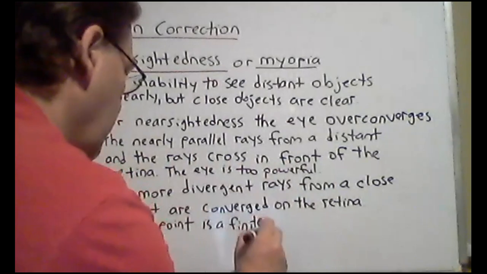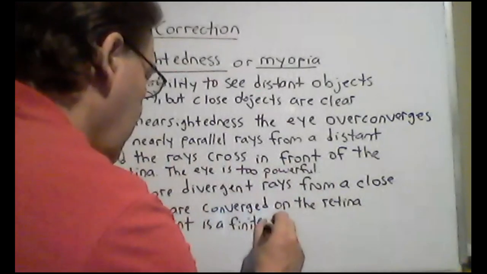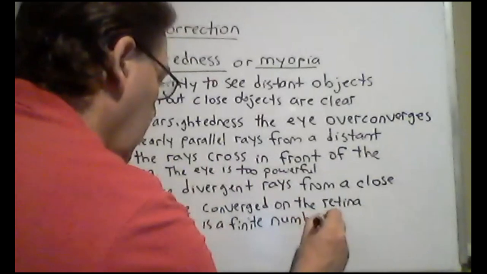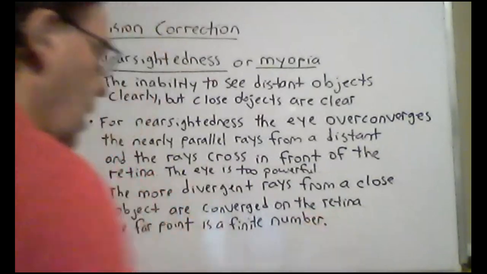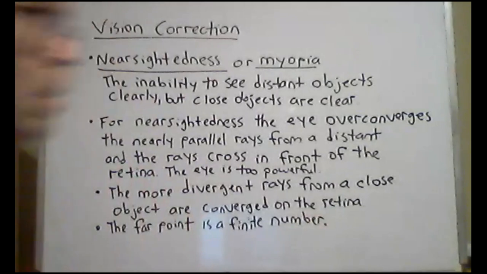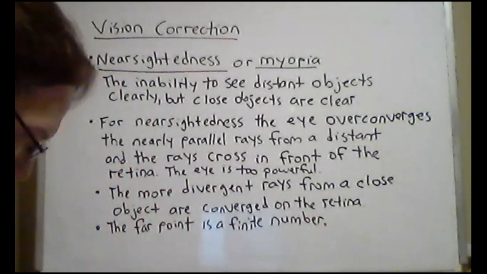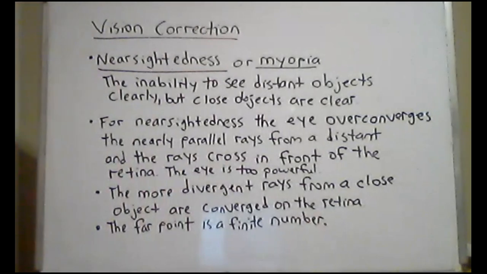Sometimes very finite, like in my case. Before I had LASIK surgery, I think my right eye was 20/1100 and my left eye was 20/900. So I was severely myopic. Who knows what my far point was. I probably don't want to know. All right, that's nearsightedness, or myopia.